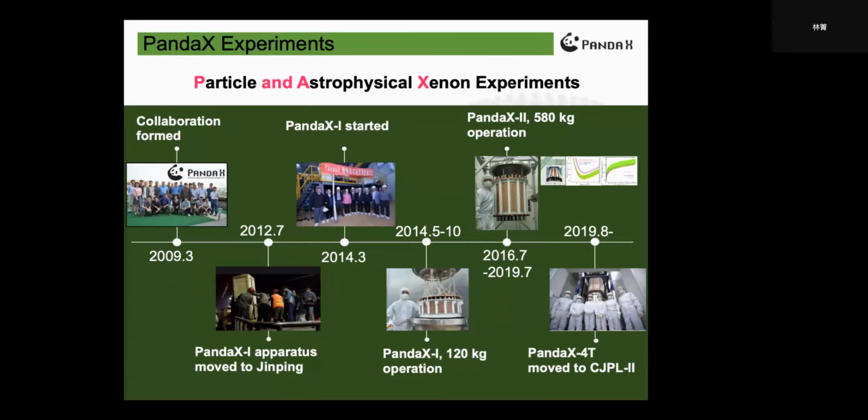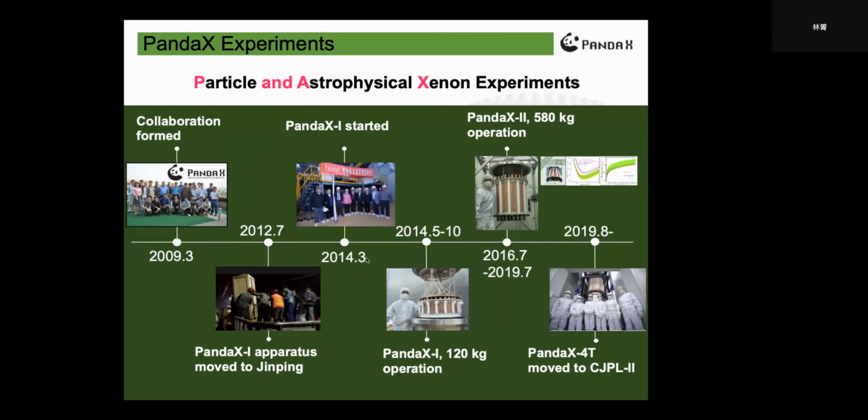PandaX-4T is the third dark matter detector of PandaX. The PandaX collaboration was formed in 2009 and started design and construction of PandaX Phase 1. PandaX Phase 1 used a detector with only 120 kilograms of xenon.